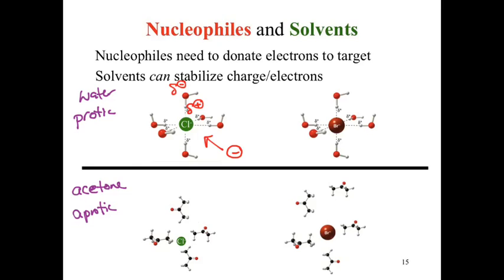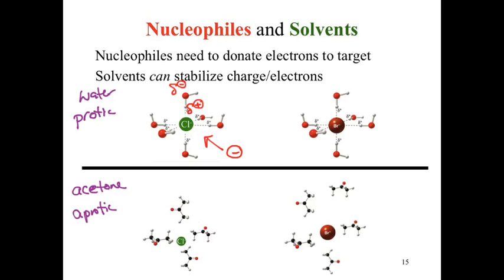So what ends up happening is in that protic environment, the smaller your nucleophile, the more stabilized it becomes by the solvent. Well, that could be a bad thing, because if it becomes stabilized, it's no longer a good nucleophile. We've actually made it a weaker nucleophile. So we've got to watch out for that in our protic environment.